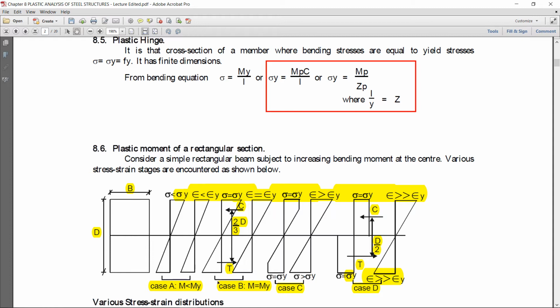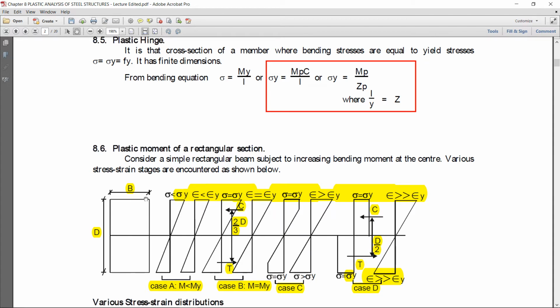Now the second condition, case B, when the moment reaches My, that is, the extreme fiber stress reaches the yield point. Then the third case: first the extreme fiber yields, then the lower fiber yielding will start in this section.